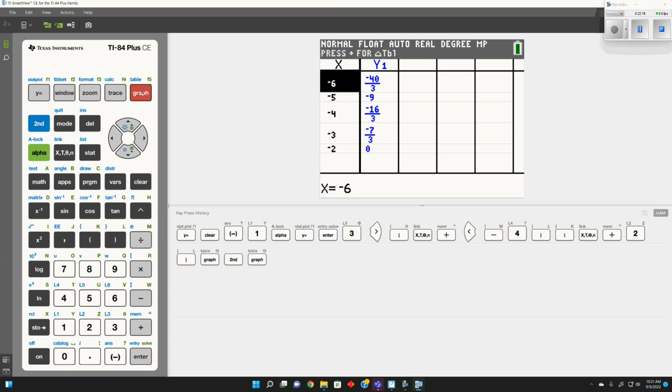So if I go second graph, I have a table. And at -2, we can see the y value is 0. And at 4, it is, what did we say the x value of the vertex was? What's its y value?